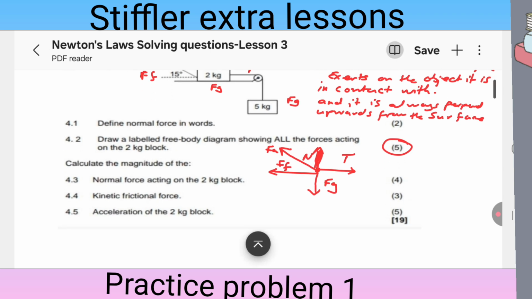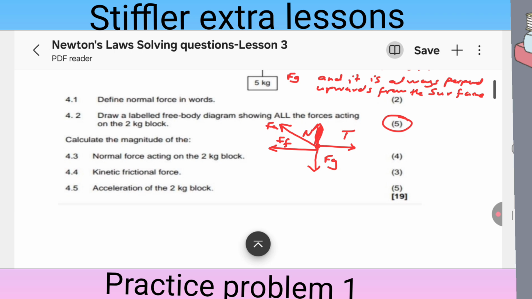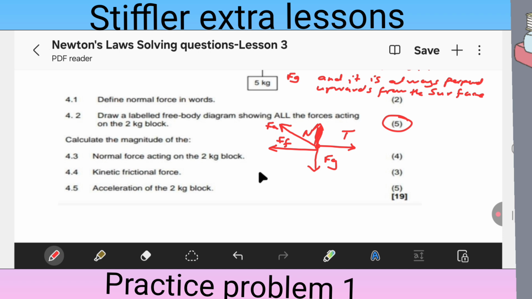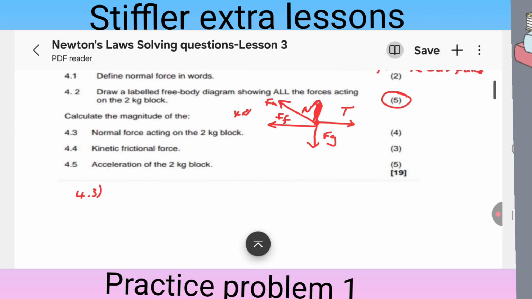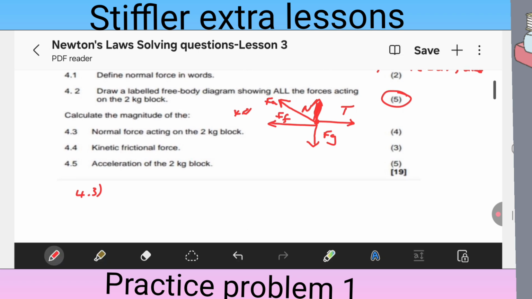The other question is: calculate the magnitude of the normal force acting on the 2 kg block. This is question 4.2. So let's move to 4.3. What should you do if you are trying to calculate the normal force? As you can see, this is our free body diagram.